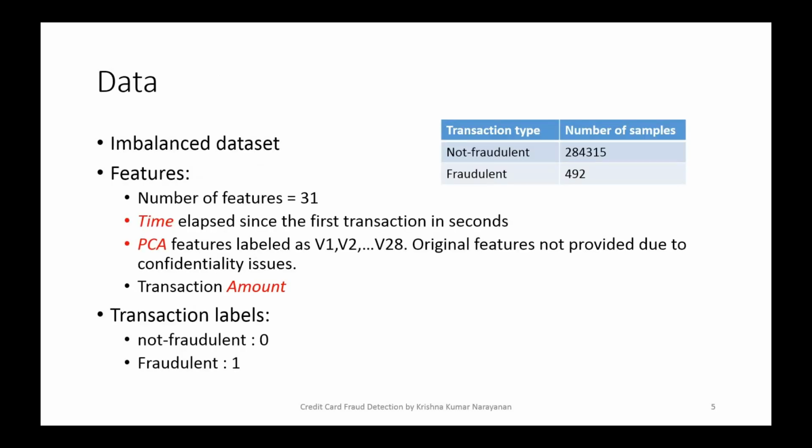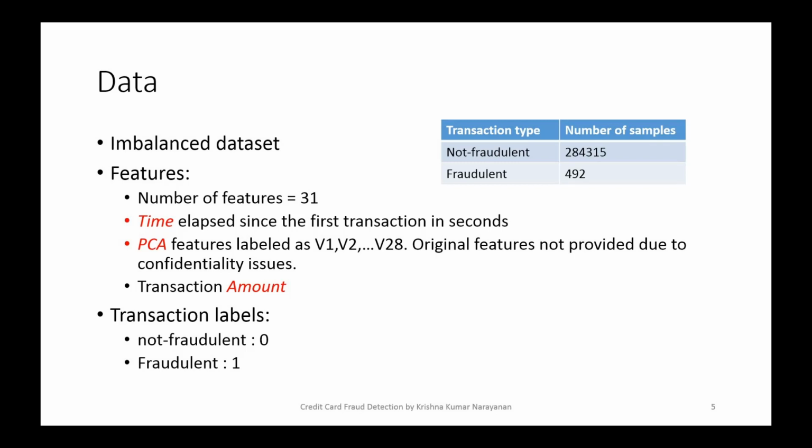Like I mentioned in the first slide, we have an imbalanced data set, and this can be seen in the table to the right, where we have almost 280,000 non-fraudulent normal transactions and just 492 fraudulent transactions. The features provided total 31, including a time column, which is the time elapsed in seconds since the first transaction of the data set, followed by 28 PCA features.